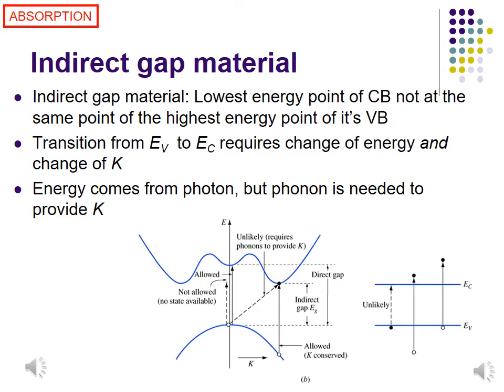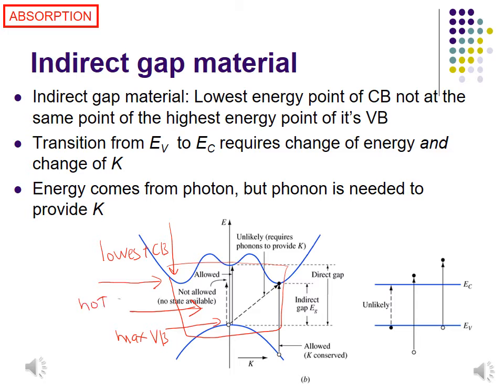As for a material having the lowest energy point of the conduction band not at the same k point as the highest energy point of its valence band, it is known as an indirect gap material. The transition of an electron from valence band to the conduction band requires the energy to jump and also the energy to move k. Thus, a photon is needed to provide the energy, and also a phonon is needed to move the lattice, which is needed to change the k.